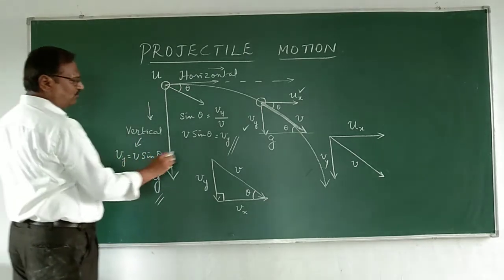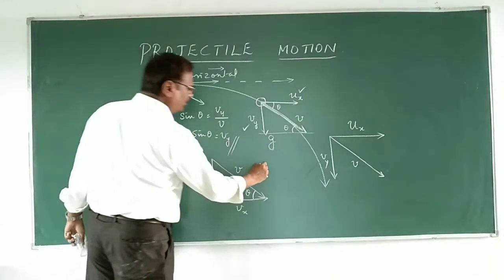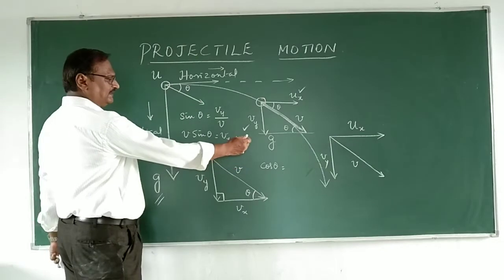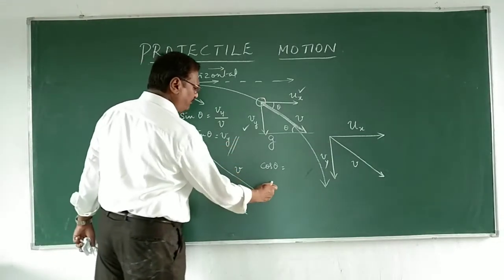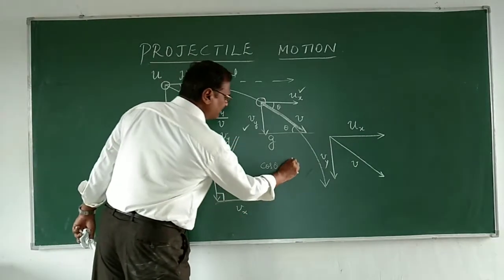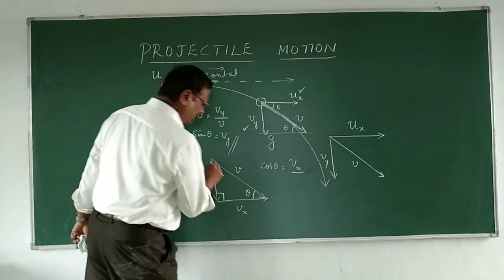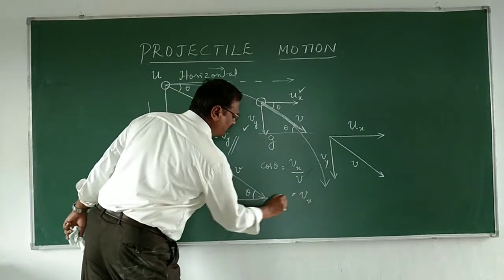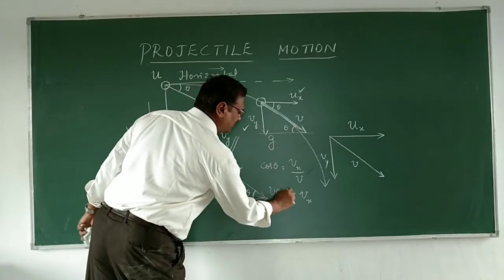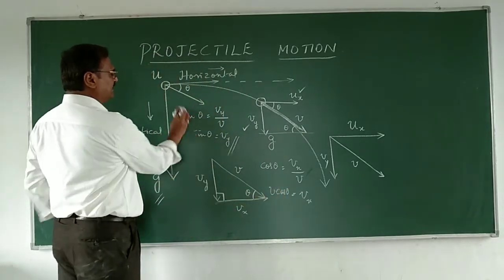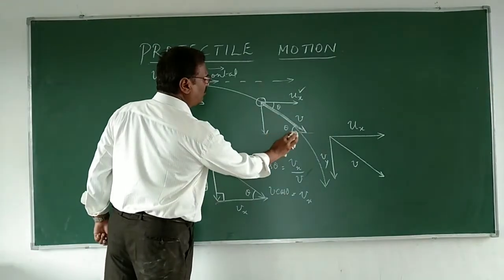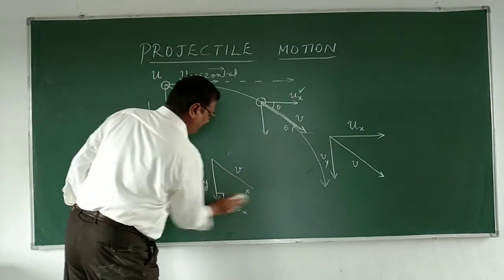Now I come to the horizontal component. Define cos theta. What is cos theta? That is base upon hypotenuse. The base is Vx, divided by the hypotenuse V. So we can say Vx is equal to V cos theta. Okay, you understand these concepts which I have done here, right? Let me erase all the things one by one now.